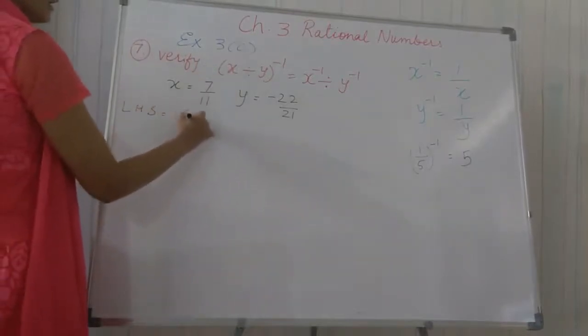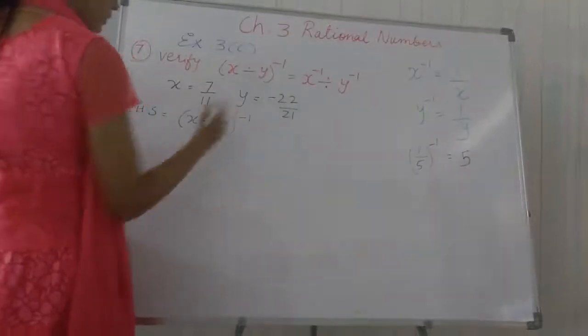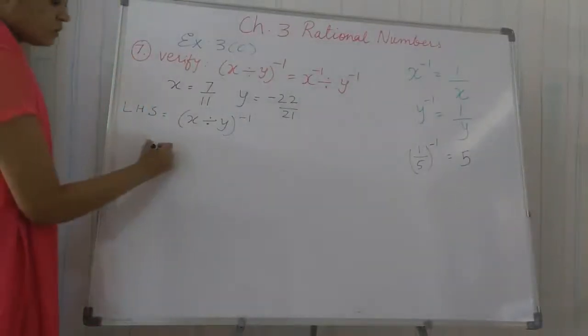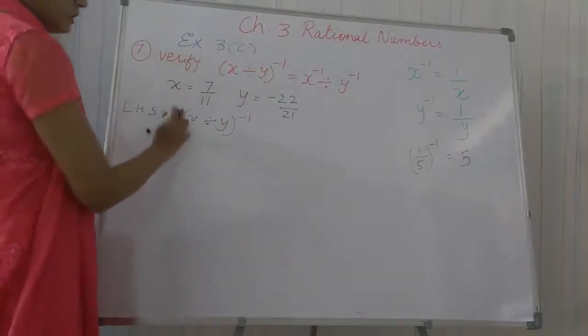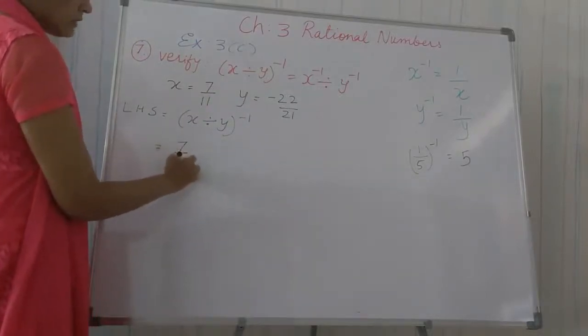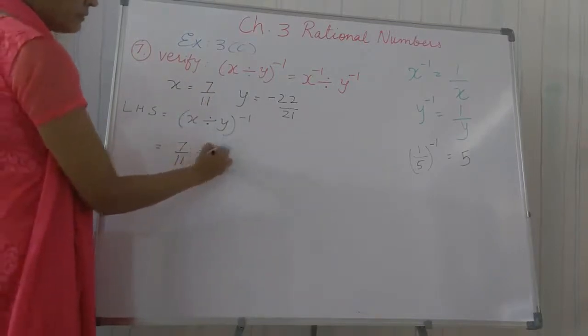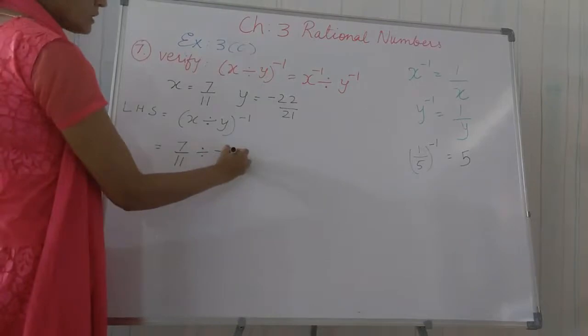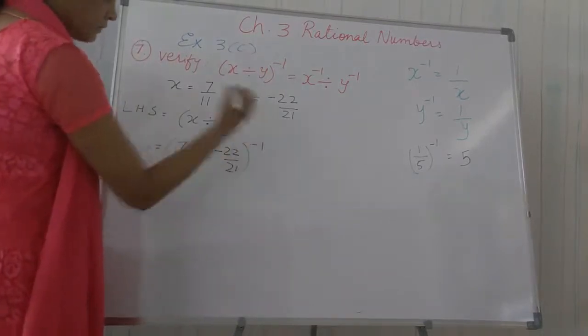In left hand side we have x divided by y whole power minus 1. Just now I will not touch this power minus 1, only substituting values as x 7 by 11 divided by y minus 22 by 21 power minus 1.